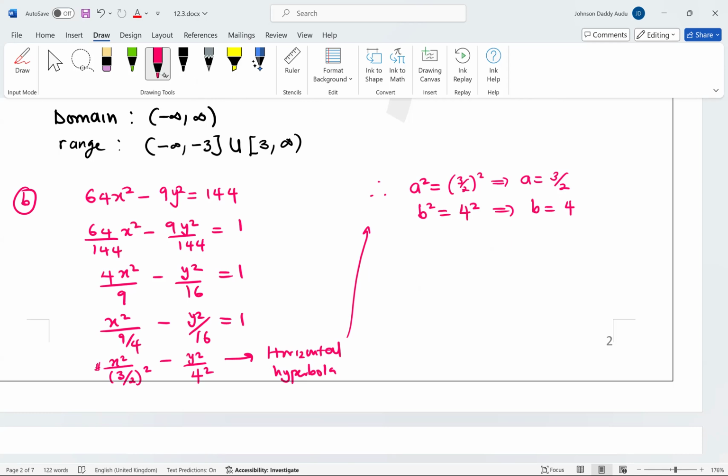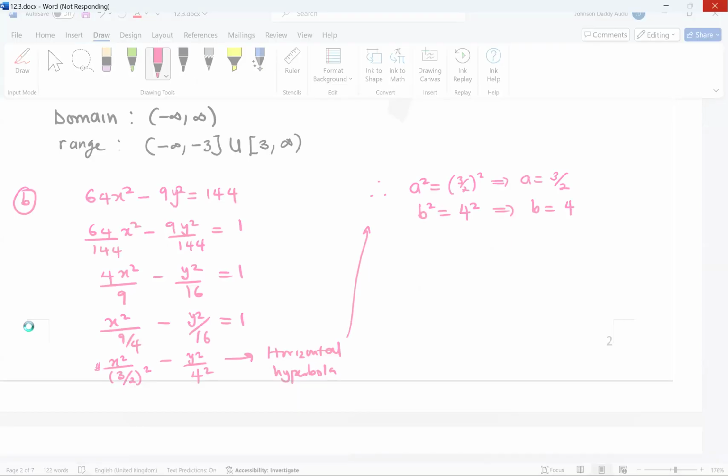Okay, so now let's try to graph this one as well. So I'll attempt to graph it before writing down these parameters.